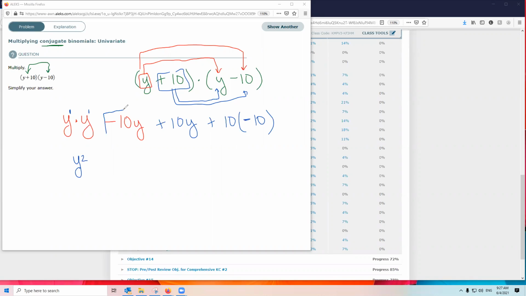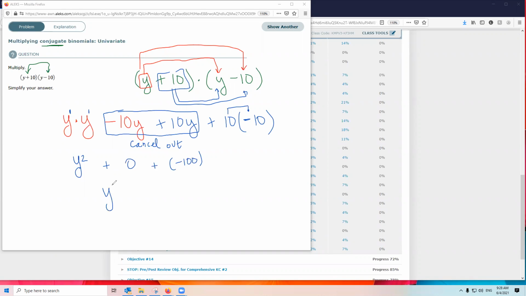Notice something strange happens here in the middle. When I go to combine these like terms in the middle, I have a negative 10y plus 10y. Well, those cancel out. Really, those add together to get me 0. So I could write 0 there, but we're not going to write 0 because usually you leave that out. In the back here, 10 times negative 10 is negative 100.